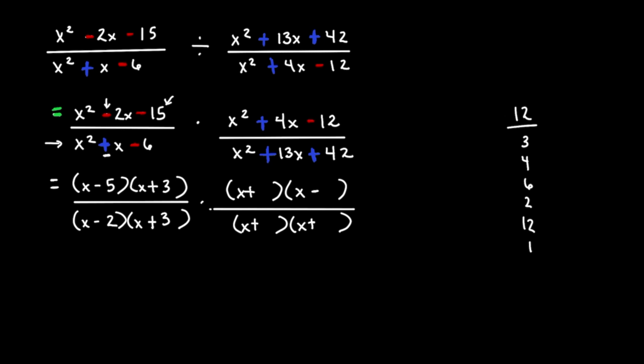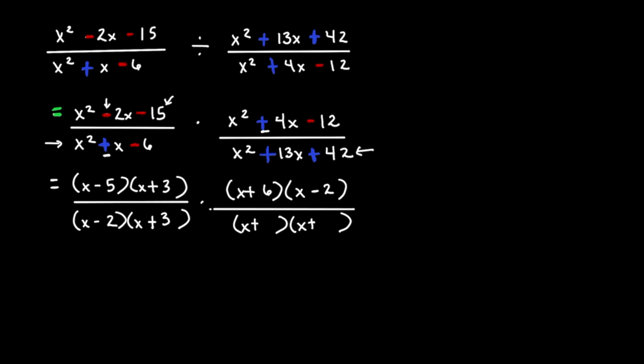And we want a +4 in that middle term, so since we have a minus and a positive, we'll want to do 6 and 2 with a larger number toward the positive side because we want to end up with +4x. So x plus 2 and x minus 2.